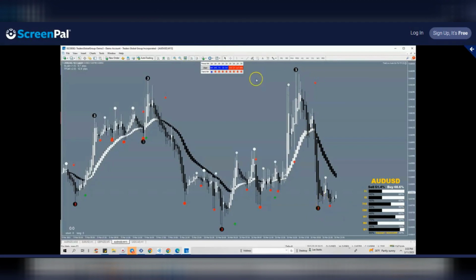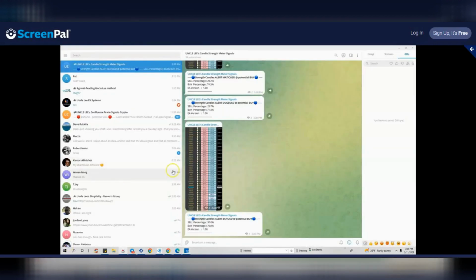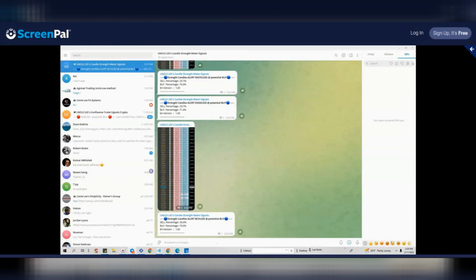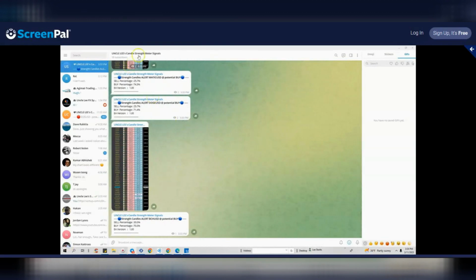Now, how am I taking these trades? Let me show you. Step by step. It's not many steps either. It's really easy. Okay, what I've been doing, guys, is I come over and I look at our candle strength meter signals. Whatever the pair says, if it's going to be a buy or sell, you'll see the qualifications.